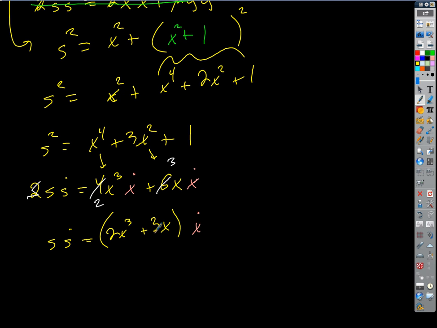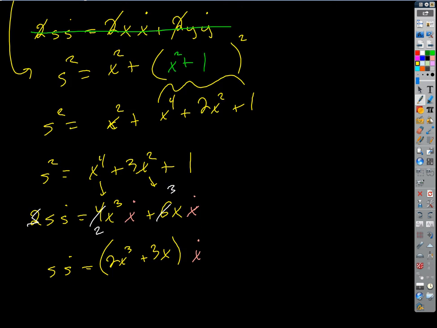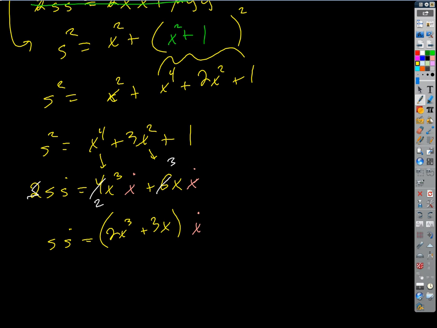Okay, and so if we were to solve this for s dot, which is our goal, s dot is equal to, I'll divide the whole thing by s. But what is s?